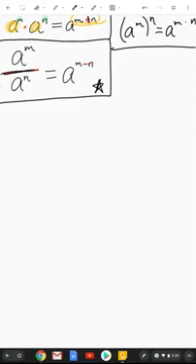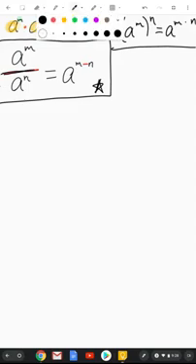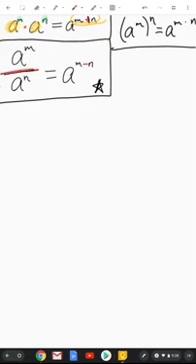So if I have the same base and there is division, that's why I had it highlighted in red, if there's division or a fraction happening between the same base, I can subtract the exponents. And notice that it goes top to bottom. M was in the top of the fraction, N, being any exponent I can imagine, is in the bottom of the fraction. I do M, the top exponent, minus the bottom exponent.